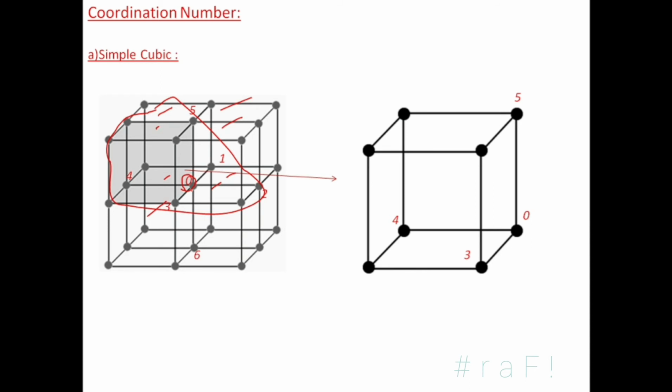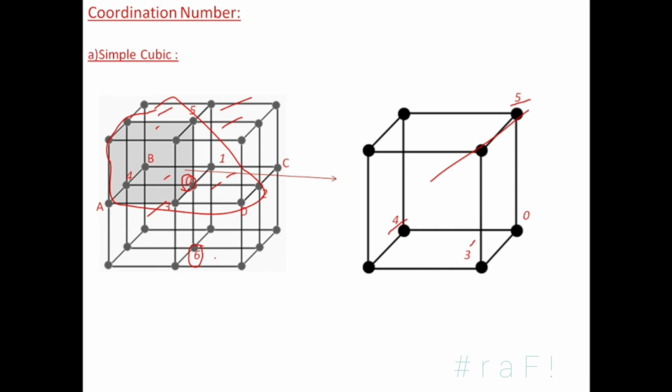Okay. In this figure you can see only 3, 4 and 5, and the remaining atoms 1, 2 and 6 are the nearest atoms of their surrounding unit cells. Okay.